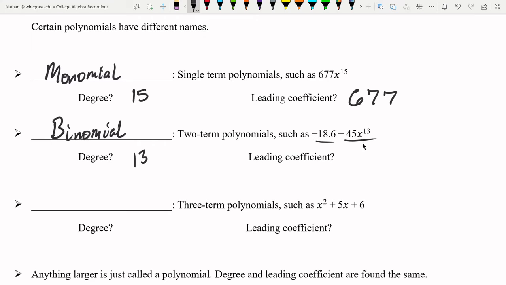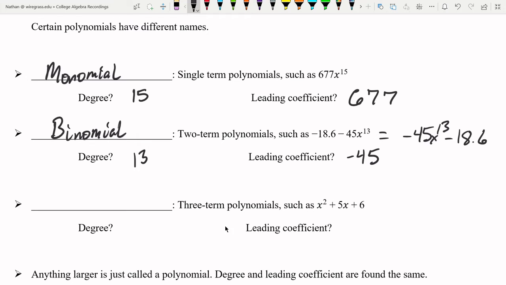So x to the 13 is the highest power; therefore, negative 45 is the leading coefficient. This, of course, is not written in standard form. We would write this as negative 45x^13 minus 18.6. That is in standard form. But even if it's not written in standard form, the degree is still 13, no matter how you look at it, and the leading coefficient is still negative 45.